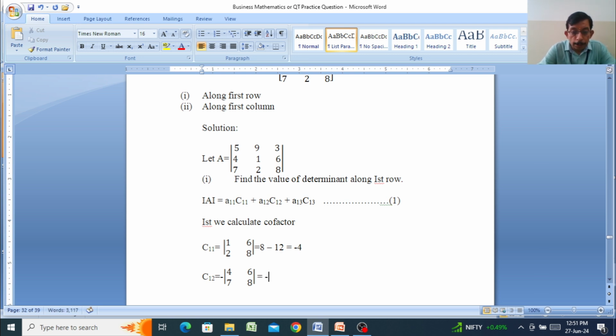The value of the second order determinant is the difference of the multiplication of the diagonal elements. The first diagonal elements, 4 and 8, give 32. The second diagonal elements, 7 and 6, give 42. The value of the determinant is 32 minus 42, which is minus 10. Minus minus gives plus 10. The value of the cofactor C12 is 10.